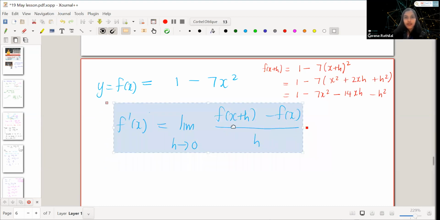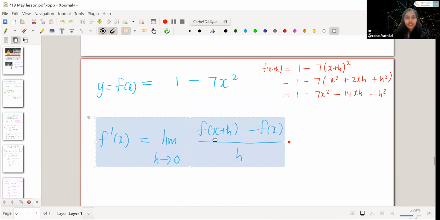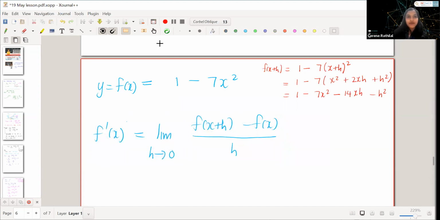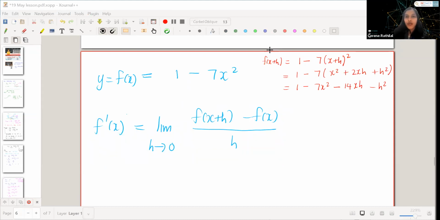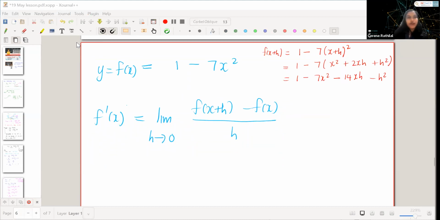Right, so let's proceed with our calculation. I see in the chat box, wonderful, yes, everybody's following. Great. So we've got our f of x plus h. I've got it there at the corner. So this is what we're going to put in when we do the calculation.